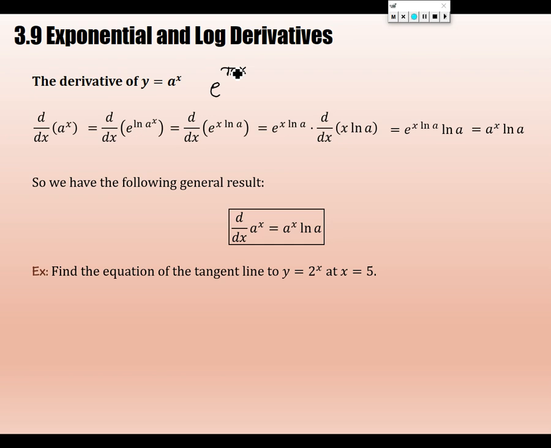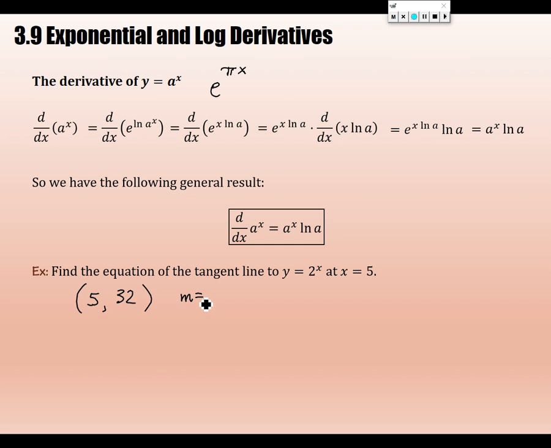All right, so let's find the equation of the line tangent to this function at x equals 5. We need the usual things. We need the point. It's 5 comma 32, and we need the slope. For that we need to figure out the derivative.